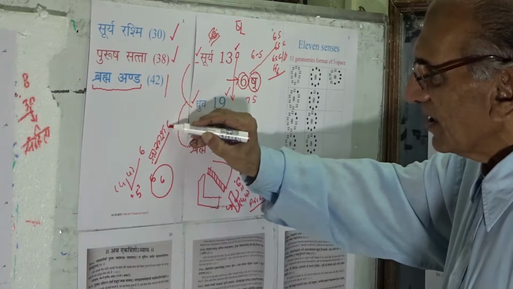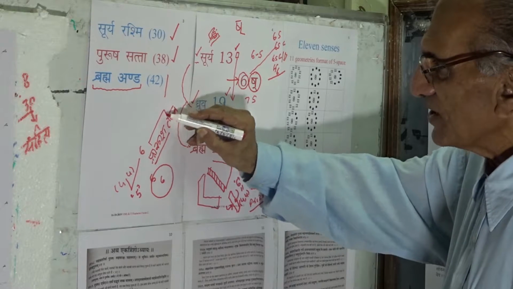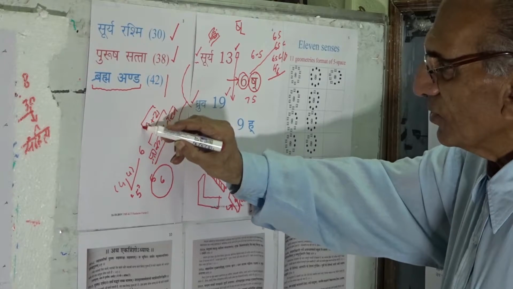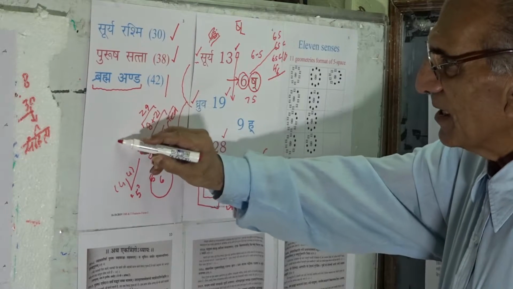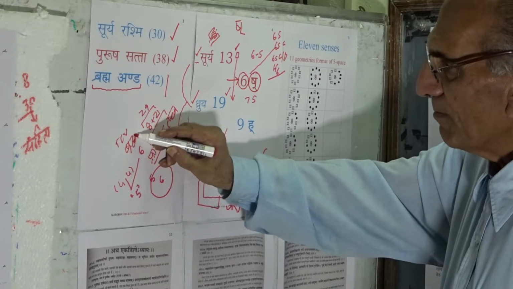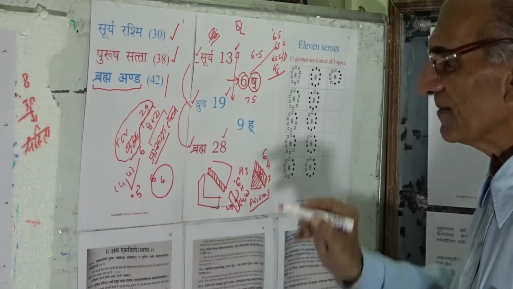Akash Tattva is the fifth element, and this value is 8 plus 21 is equal to 29, which is parallel to TCV of Brahma, the presiding deity of the creators of space.